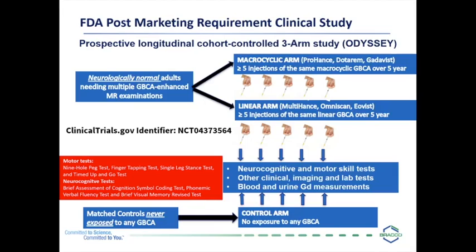Patients in the 3 arms will need to be neurologically normal at enrollment and be likely to receive 5 injections of either linear or macrocyclic GBCA, only in the exposed arms. Each study subject will undergo a battery of motor and cognitive tests once a year for 5 consecutive years. If you are interested in more information on the study, it has been posted on clinicaltrials.gov in May 2020.